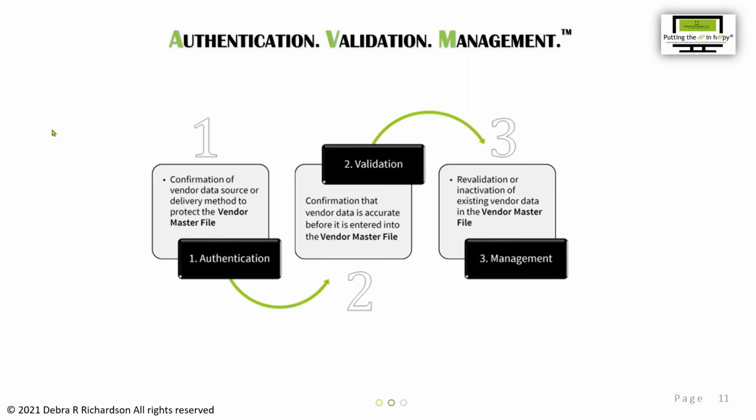So the data source is who is sending, and the delivery method can be email or vendor portal or fax or even hard copy. Now, if you have a vendor portal, then you would probably rely on that vendor portal for authentication, since the login process, and hopefully includes MFA, will authenticate the vendor.